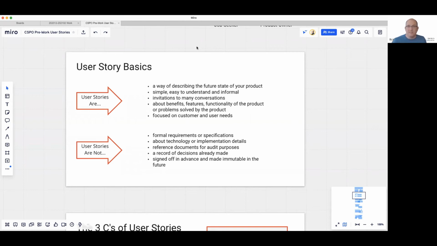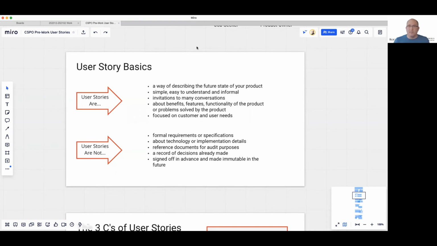They are designed to be something that people can easily understand. One of the nicest ways of describing user stories is that each user story is an invitation to a conversation. And that conversation is between you as the product owner and your developers. It is a conversation about what the team needs to implement in order to make your product a success.